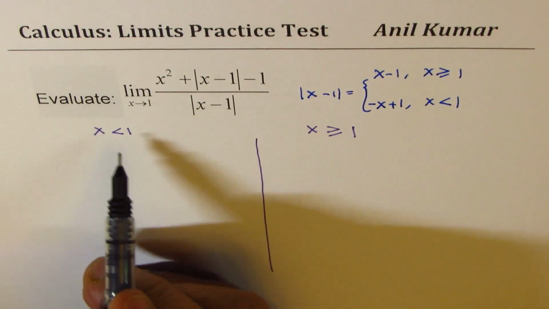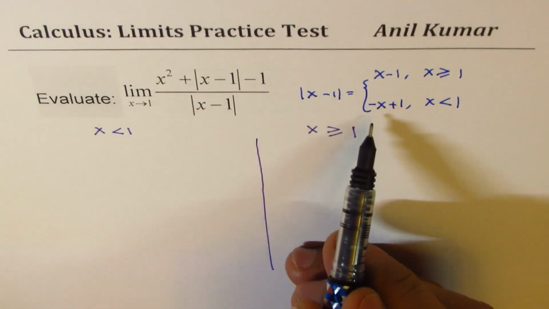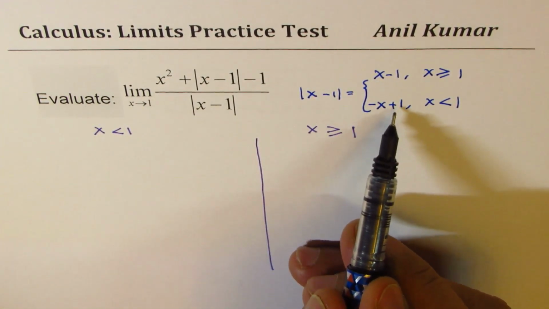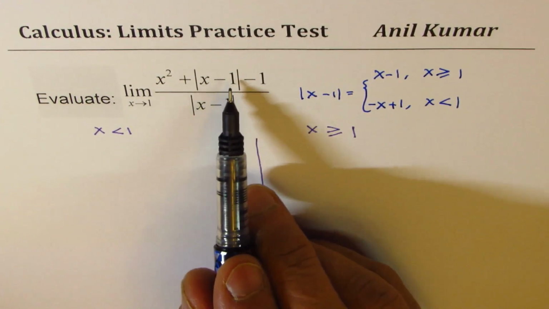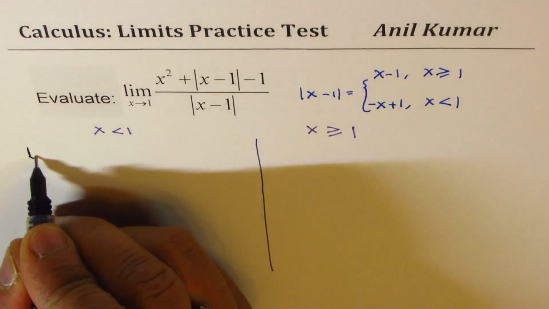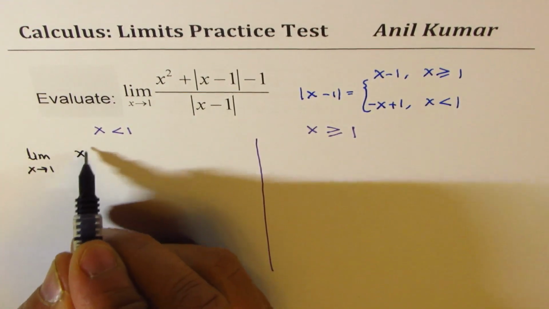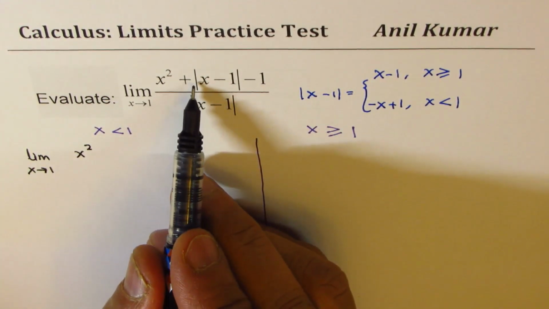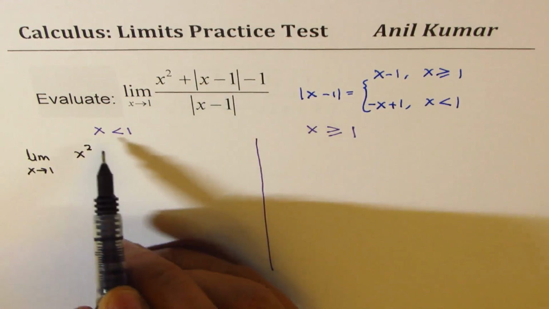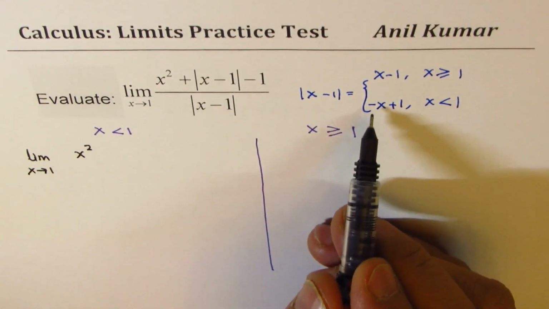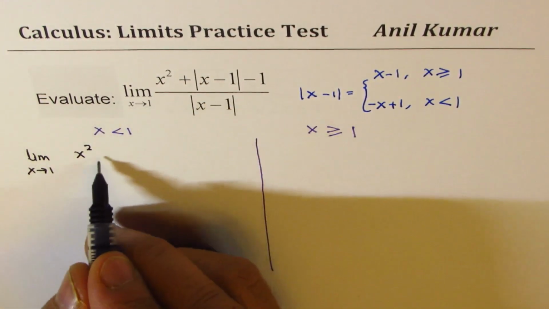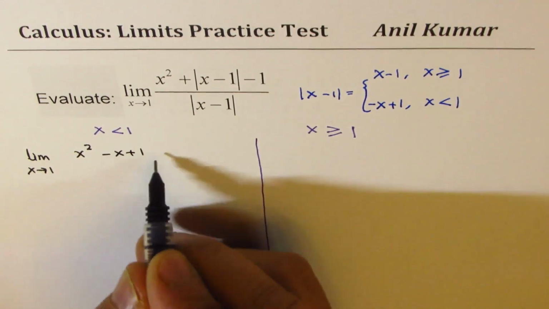So in the first case, when x is less than 1, we'll take minus x plus 1 for the absolute value of x minus 1. So our question becomes the limit as x approaches 1 of x squared, then the absolute value of x minus 1 when x is less than 1 is minus x plus 1. So we'll write this as minus x plus 1.